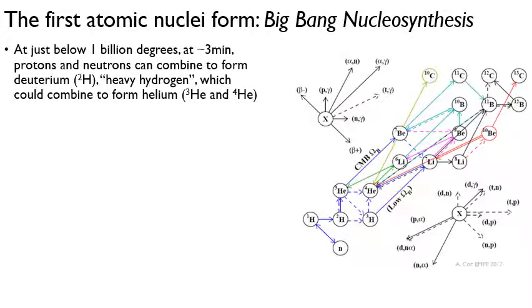Now, a few minutes later, when you're much cooler, you're only at 1 billion degrees, that's when you can form atomic nuclei. So the protons and neutrons that are formed at the very early part of the universe can combine to form atomic nuclei.